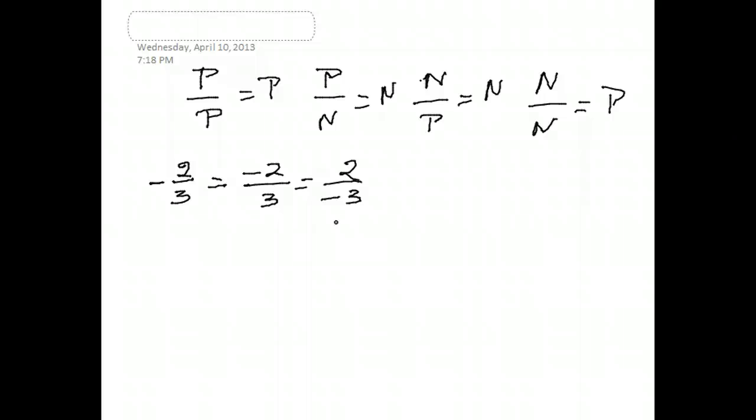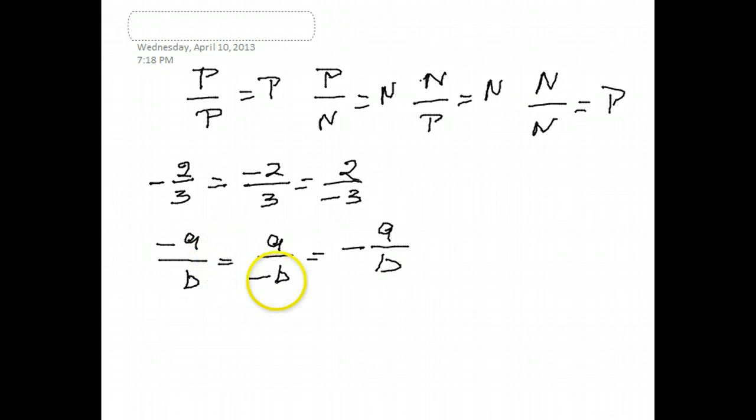All three are equal. Now usually for a final answer you want to put the negative in front of the whole fraction. But during the calculations, in between, it doesn't matter where the negative sign goes, because these three are all equivalent. So the general rule, which is usually stated if you look in your book on page 103, says minus a over b is equal to a over minus b, which is equal to minus, or negative, a over b.